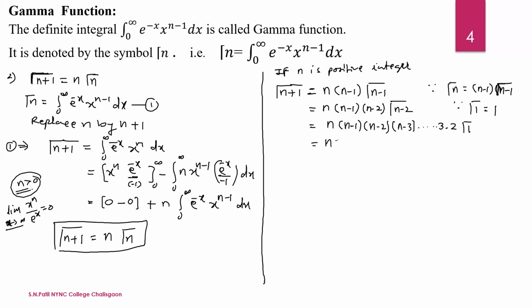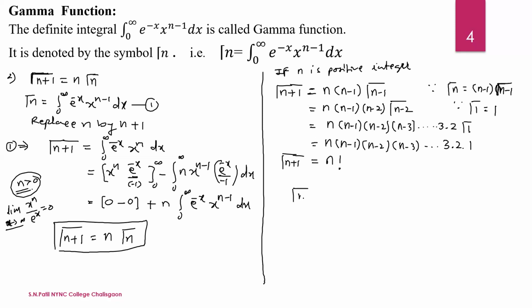That is n into n minus 1, n minus 2, n minus 3, up to 3 into 2 into 1, and this is nothing but n factorial.